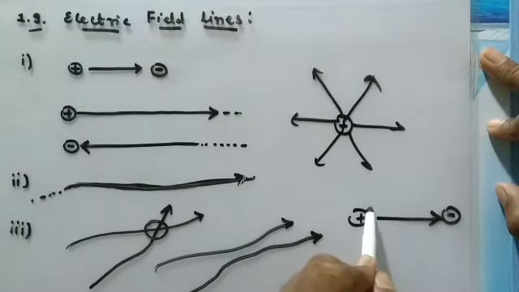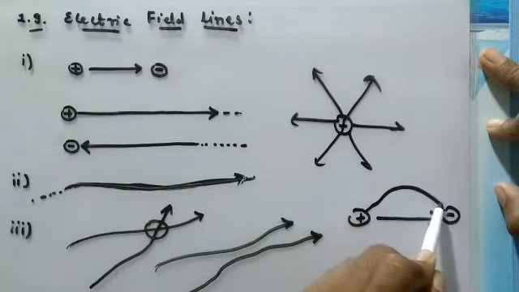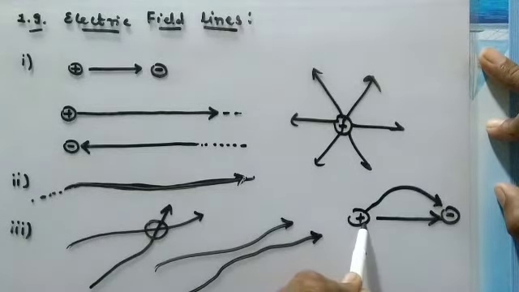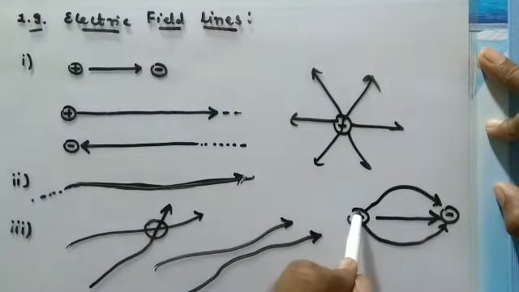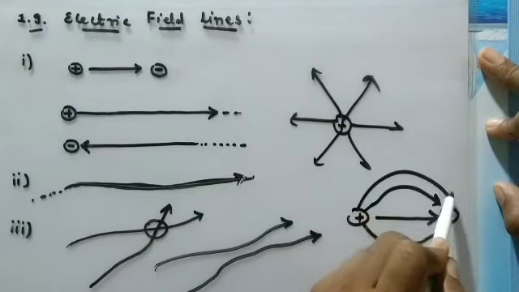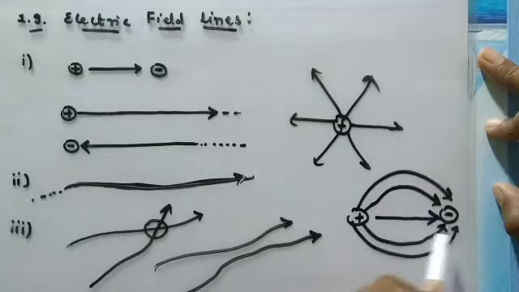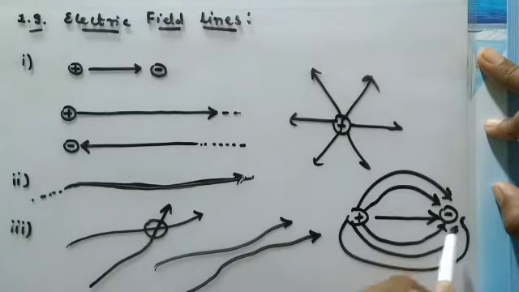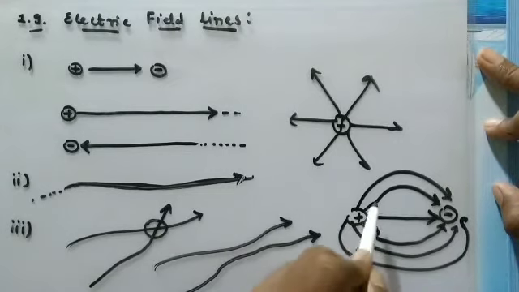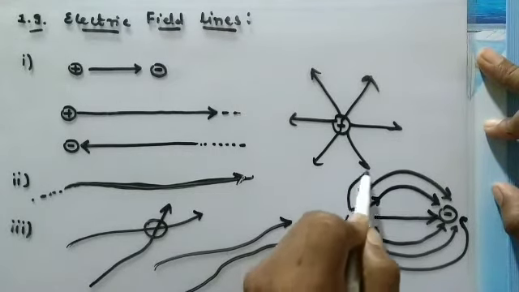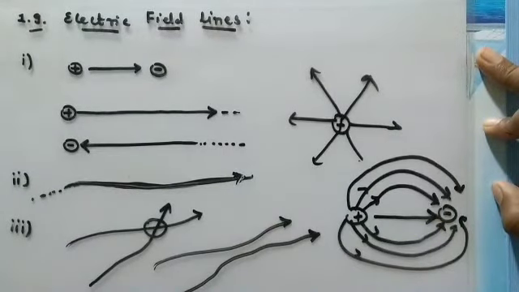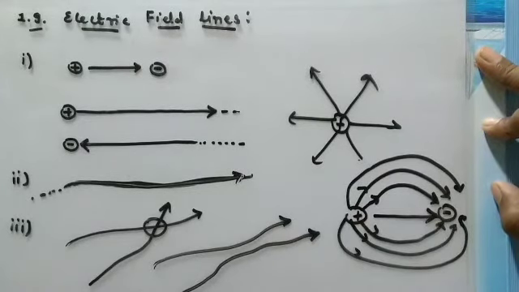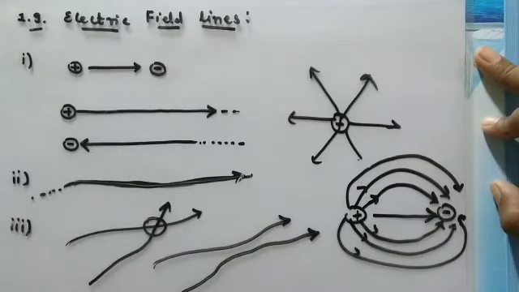So if the other field line is emerging from here, then it will end in the negative. If the field line is emerging from here, then it will end like this. If another field line is there, then like this, like this, and so on. But you can see that no two field lines will intersect each other. So this was the third property, that no two field lines will cross or intersect each other.